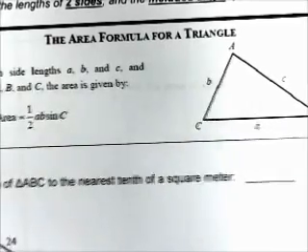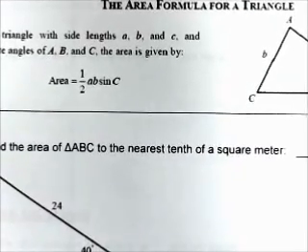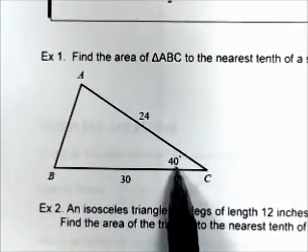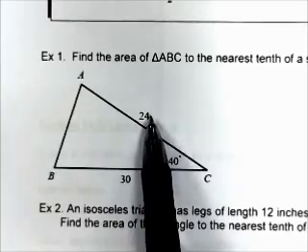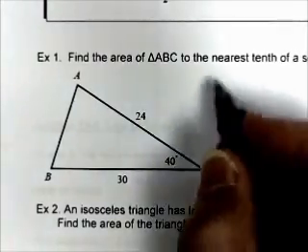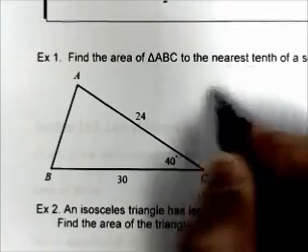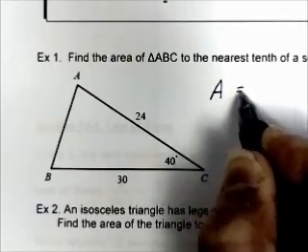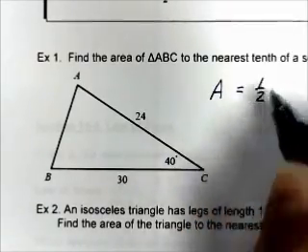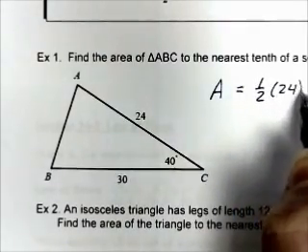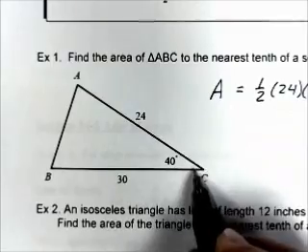In the first example, we want to find the area of triangle ABC to the nearest tenth of a square meter. Well, what do we have? We have the measure of angle C, and we have the lengths of the two sides that make up angle C. So the area of the triangle, I'm going to use capital A, is going to equal 1/2 the product of the two sides and the sine of the included angle.